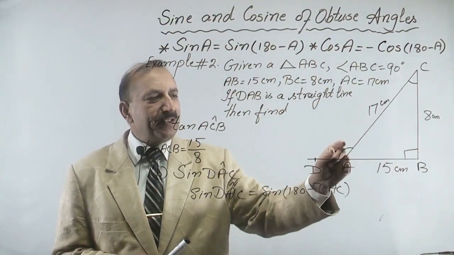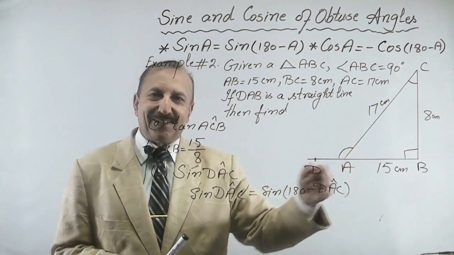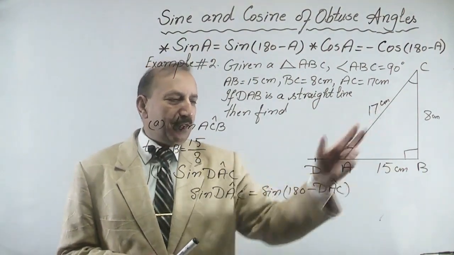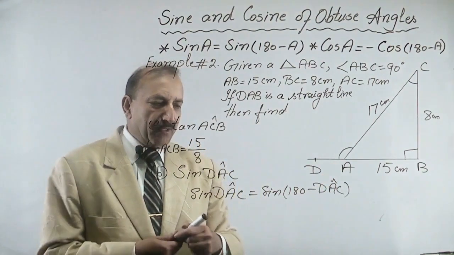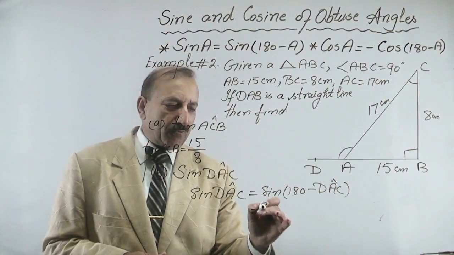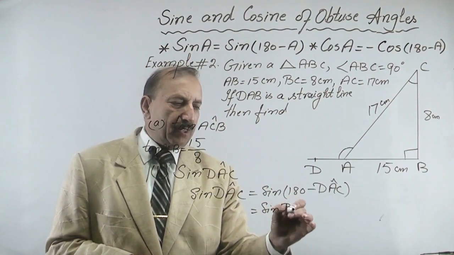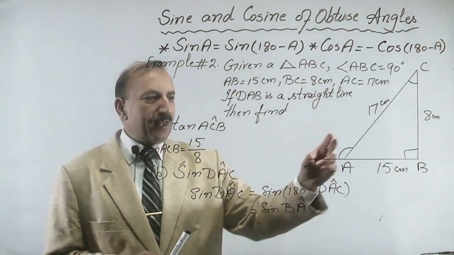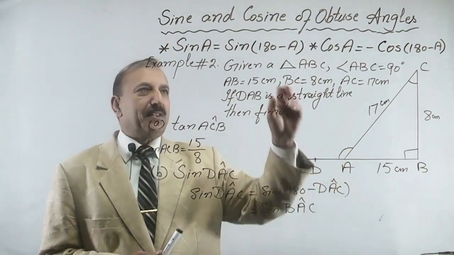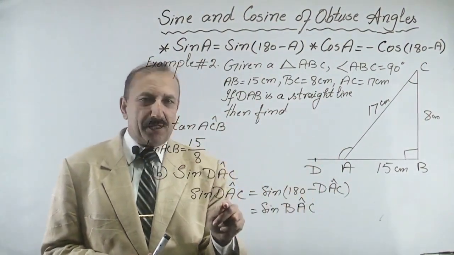If we are subtracting this angle from 180, we will get this angle inside the triangle, that is BAC. So the conclusion of this one, subtracting this angle from 180, will give us the sine of BAC, my dear.